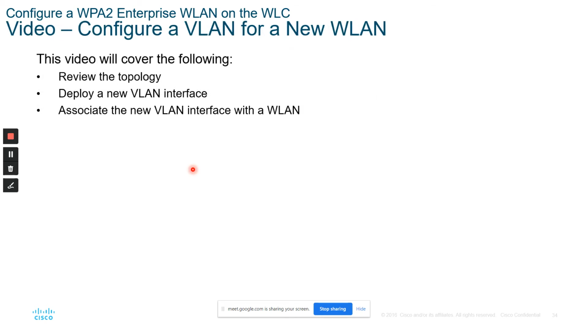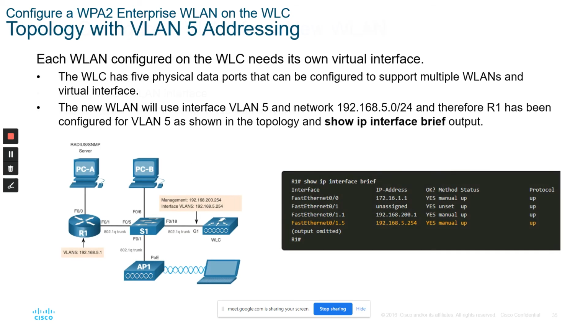Now, the next one is configuring a VLAN, virtual local area network, for a new VLAN. So we will configure a VLAN for our wireless LAN. Over here, the topology is a similar one. We've got a VLAN 5 with the IP address 192.168.5.254, and we've got the management one, which is at 192.168.200.254.